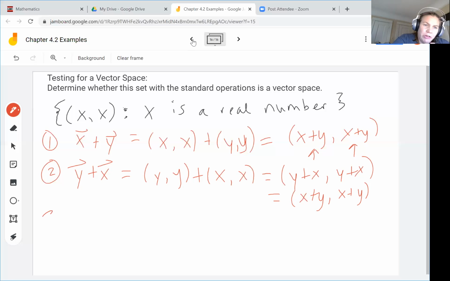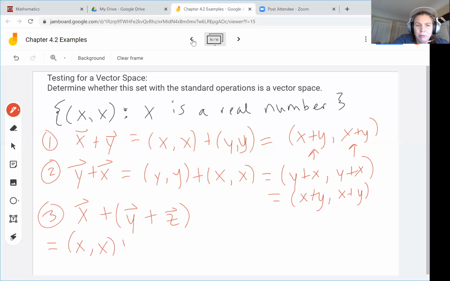All right, now we have to check property 3. So I have to check x plus y plus, I'll use z here. If we fast forward through our steps, that's going to be x plus, and from our work above, this will be (y plus z, y plus z) in the components. And then this will be (x plus y plus z, x plus y plus z).